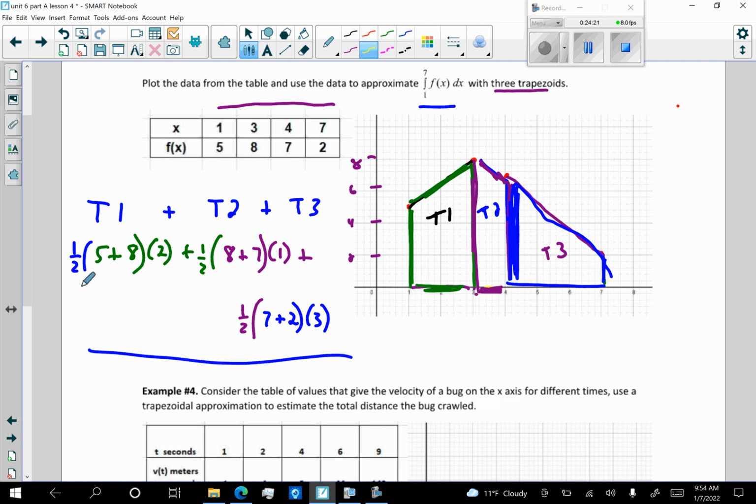I am looking for the pieces of each term: the heights of the trapezoids, the bases of the trapezoids, and certainly the formula 1/2 the sum of the bases times the height. I will post a couple of problems for you to practice the trapezoidal method with. And thank you. Signing out.